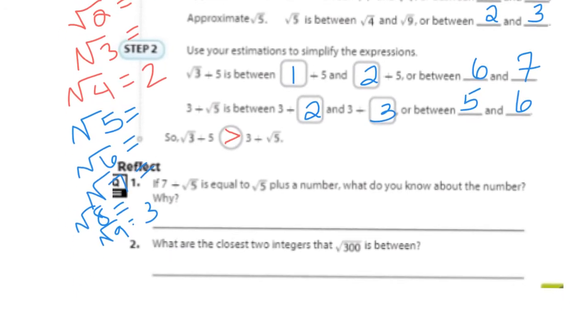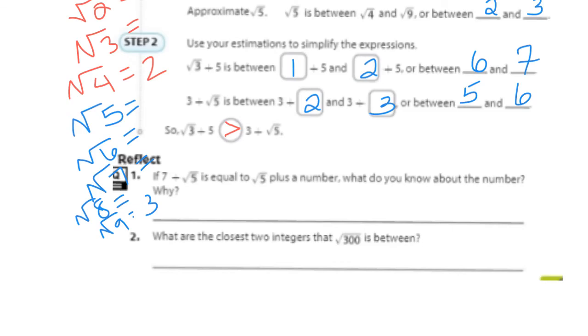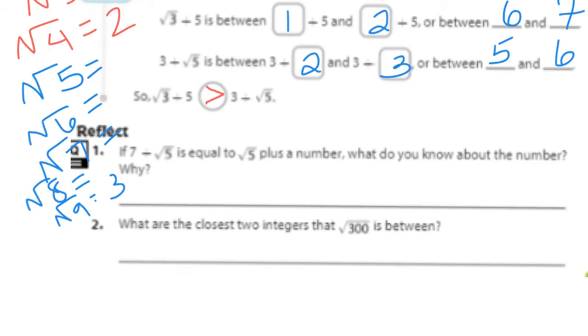So let's look at the reflect problems, number 1 and 2. So take a look at the reflect problems and come back. Okay, so number 1, if 7 plus the square root of 5 is equal to 5 plus some unknown number, what do you know about the number? Well, since the square root of 5 and the square root of 5 are the same, that makes both sides equal.